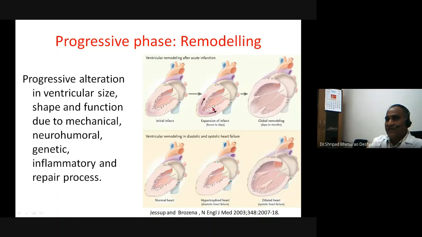So now there is the activation of other things coming up. Then after remodeling, what happened? You just see what has happened here, and this is replaced by some tissue there. This is the place where there is infarction, and this infarction has killed the myocytes. And once they have been killed, or there are apoptotic changes in the myocytes, you just see that they are only made up of a thin rim of wall.